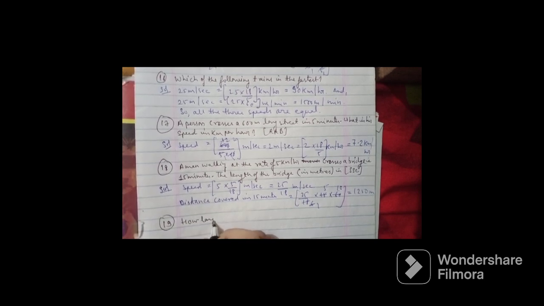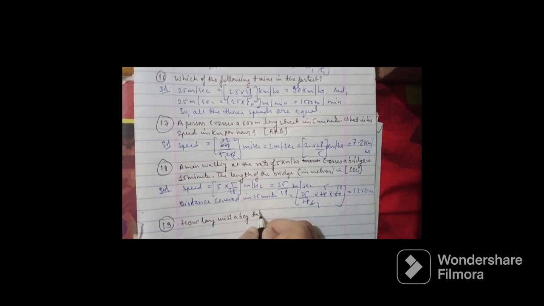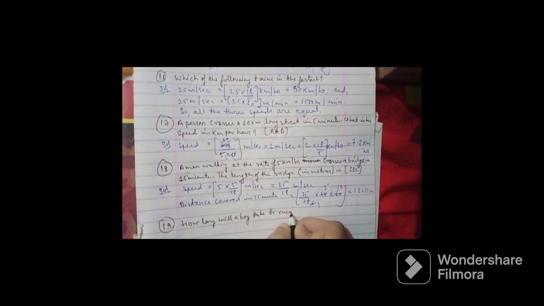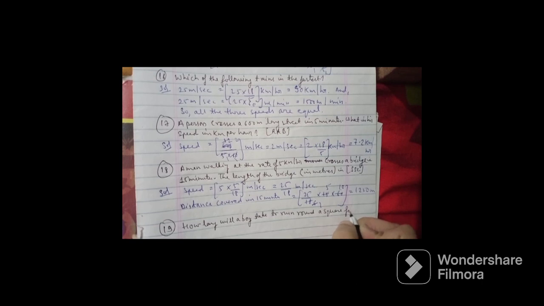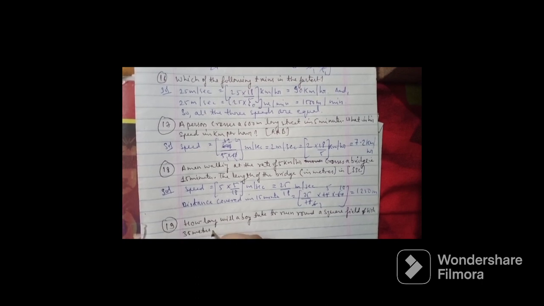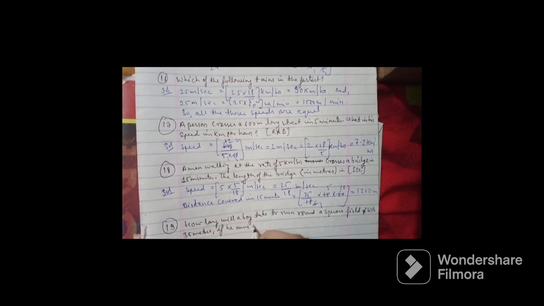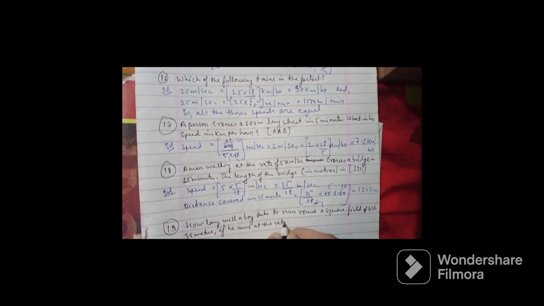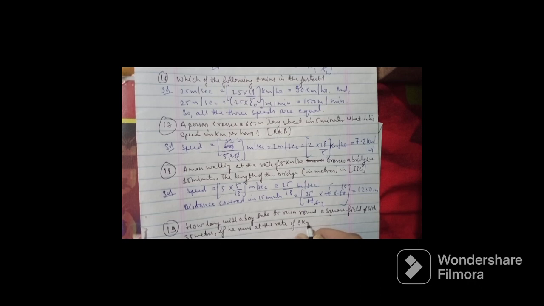How long will a boy take to run round a square field of side 35 meter, if he runs at the rate of 9 km per hour?